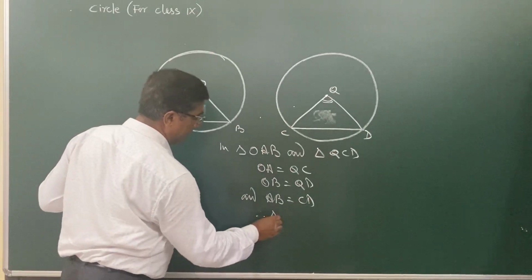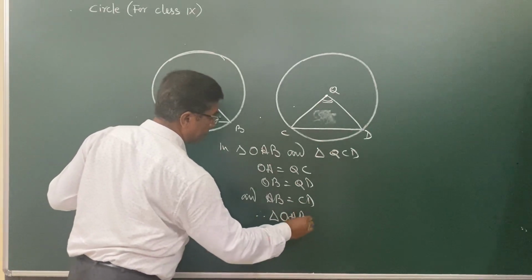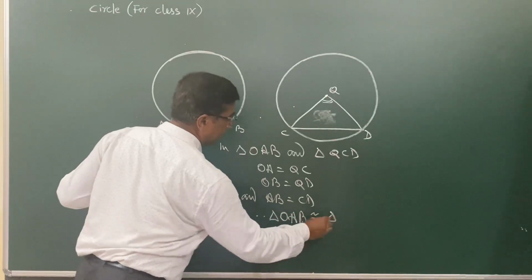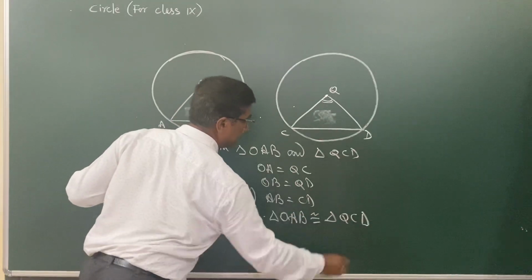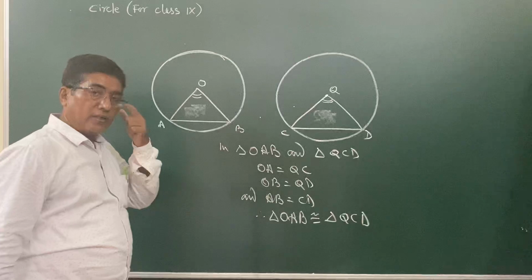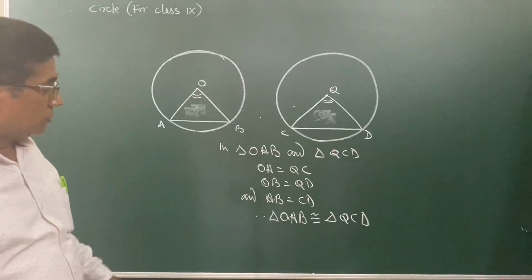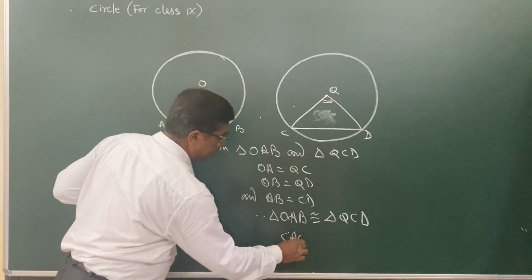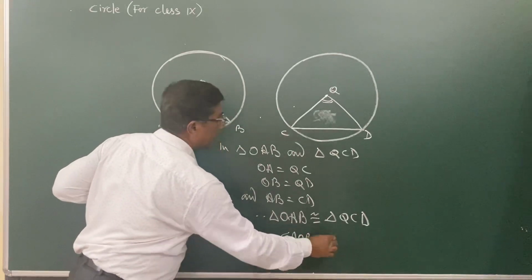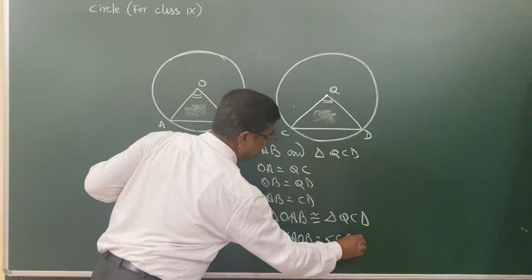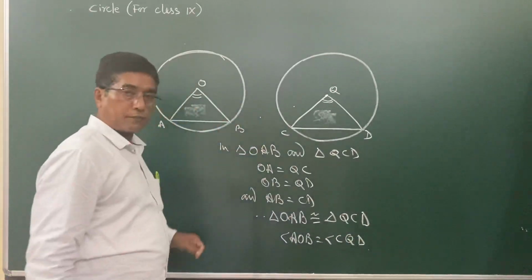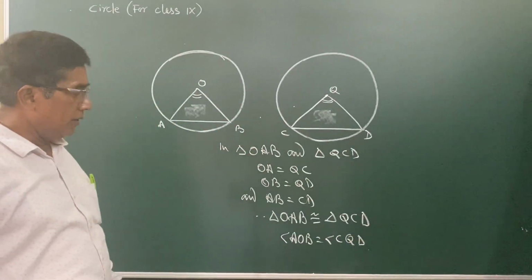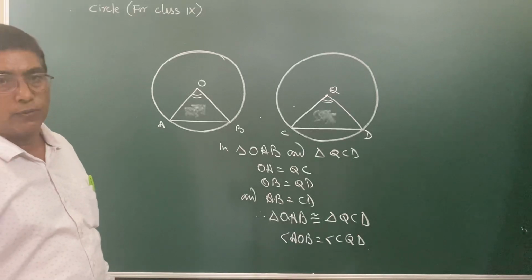Therefore, triangle OAB is congruent to triangle QCD. Since these two triangles are congruent, angle AOB is equal to angle CQD.